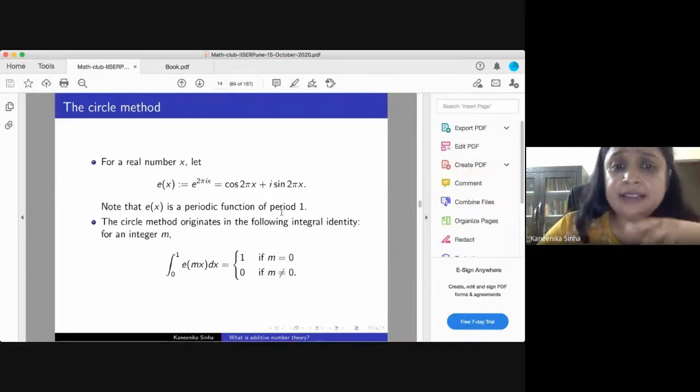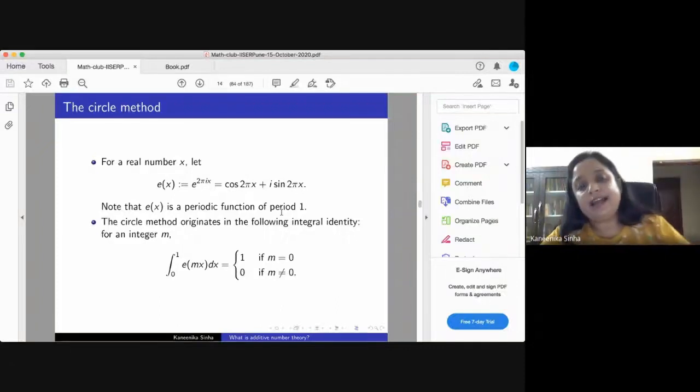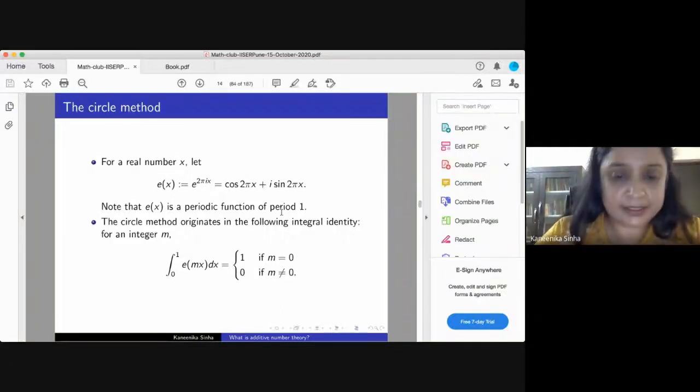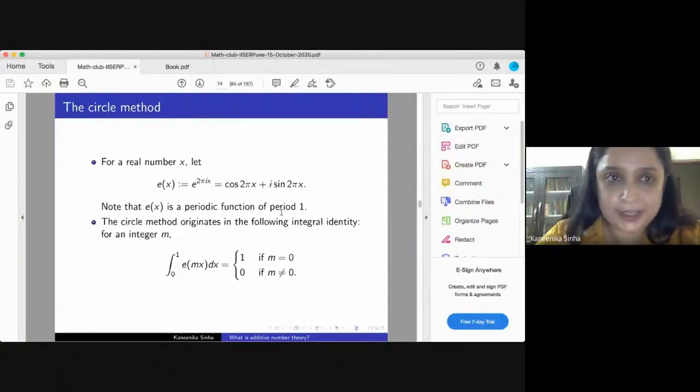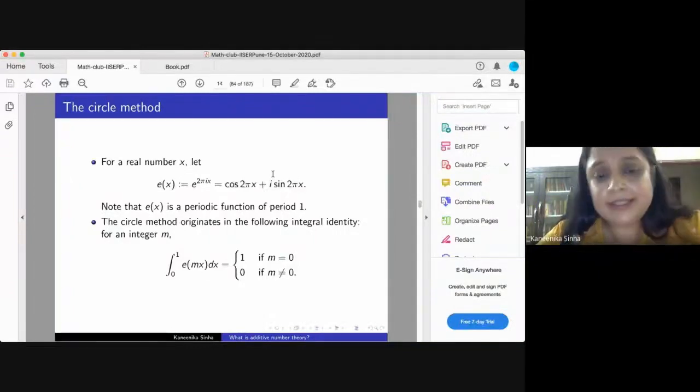Another very elementary but very useful fact about these exponential functions is that if you integrate e of mx dx on the interval 0 to 1, then you will get 1 if m is equal to 0. And for any non-zero integer, this integral just becomes 0. You can quickly verify this for yourself. I leave it as an exercise.